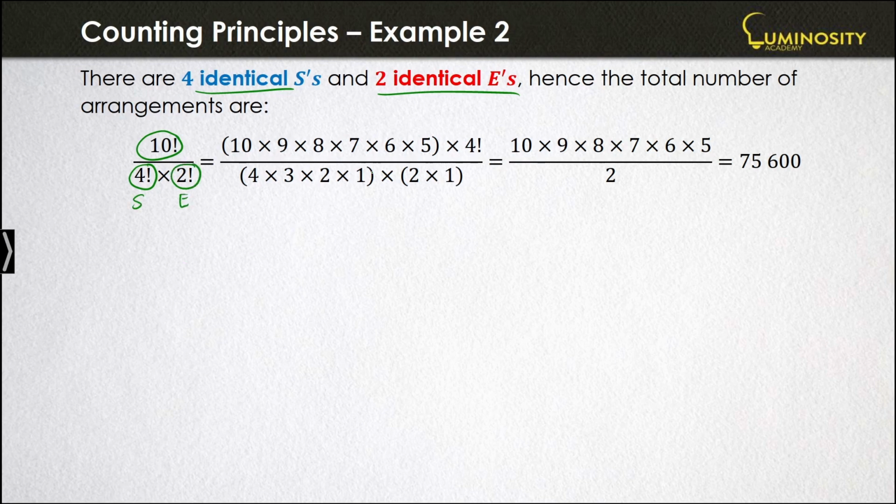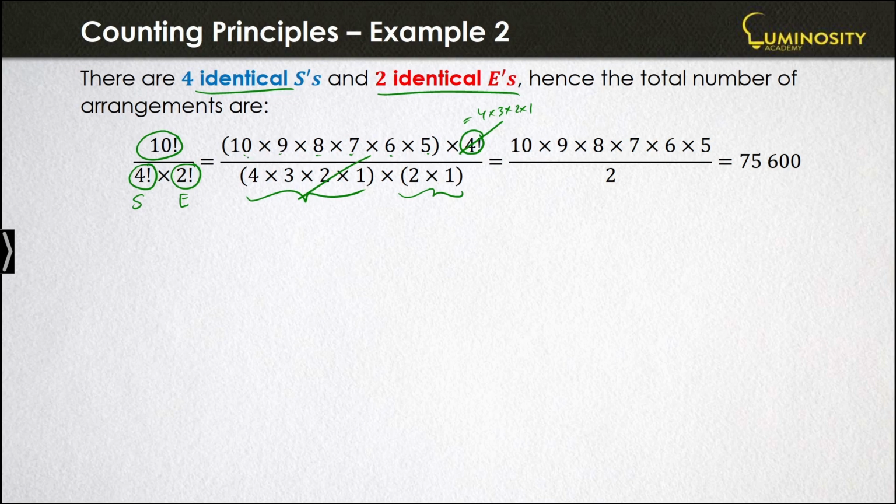If we did this algebraically, 10 factorial can be written as 10 times 9 times 8 times 7 times 6 times 5 times 4 factorial, which is 4 times 3 times 2 times 1. Then 4 factorial we've got here, and 2 factorial we've got here. The 4 factorials can divide into each other because everything is multiplication on the top and the bottom of the fraction.